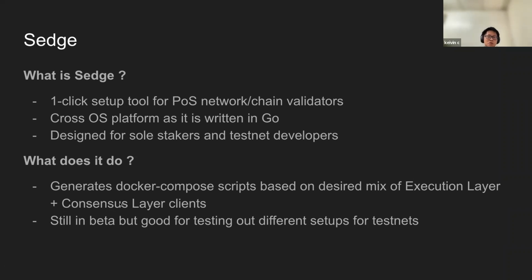Basically, Sedge is just a CLI tool, and based on your desired setup and mix of execution client and consensus client, it generates a Docker Compose script. If you're not familiar with Docker, it's basically a containerization technology, which makes it really lightweight for anyone from different OSs to run basically little VMs.